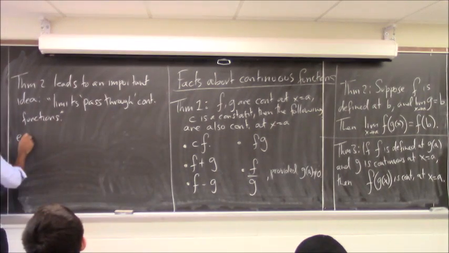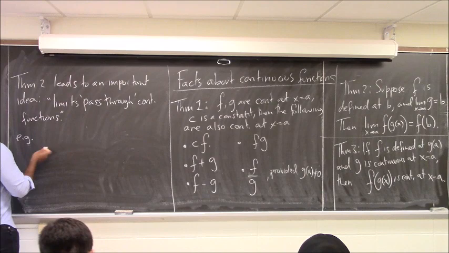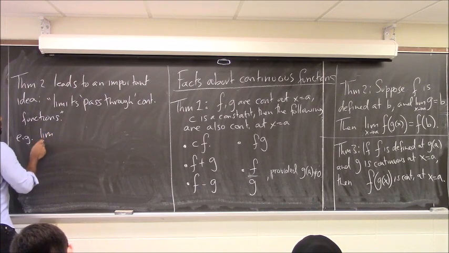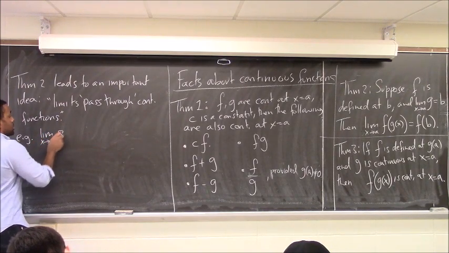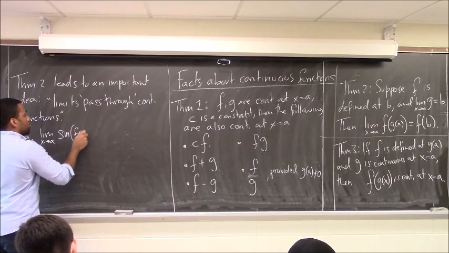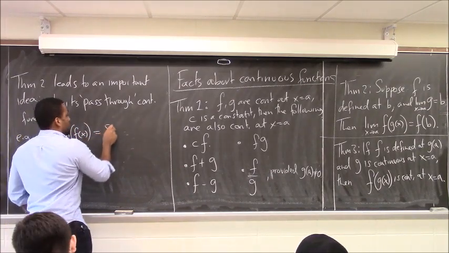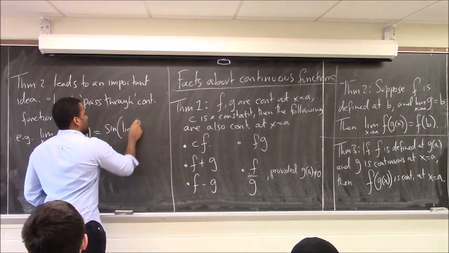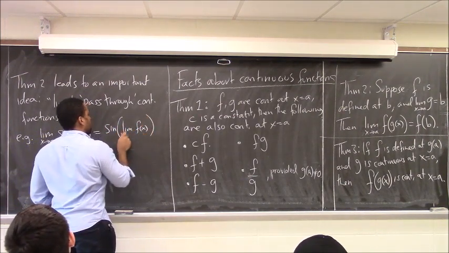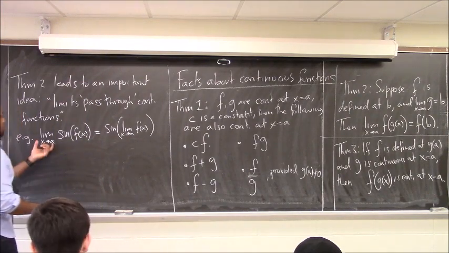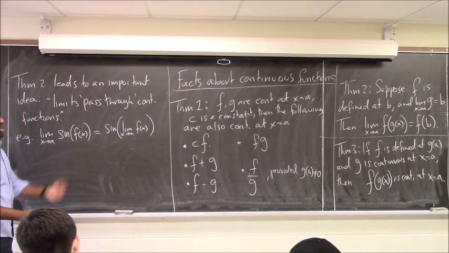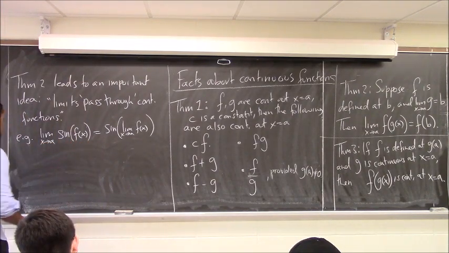So for example, if we have the limit as x approaches a of sine of some function, as long as that limit exists, it will be equal to sine of the limit of the function. I can move the limit past the continuous function and operate directly on its input.